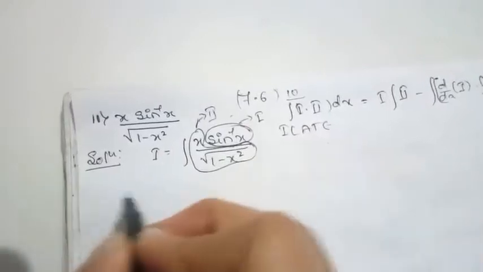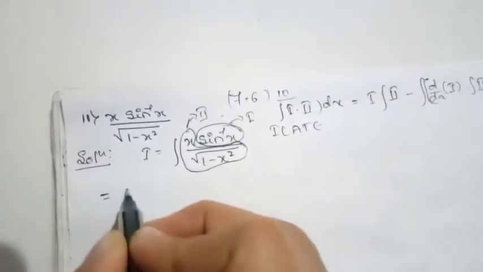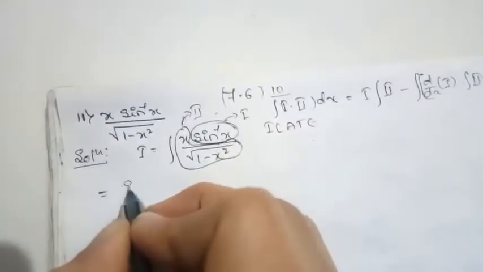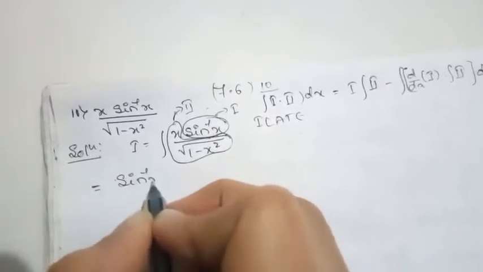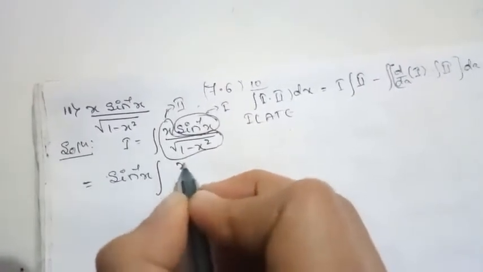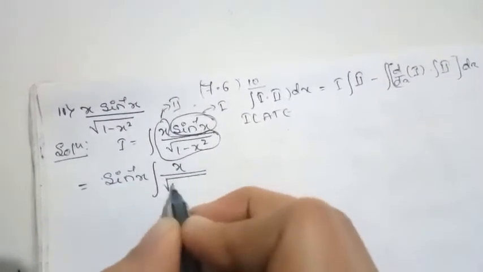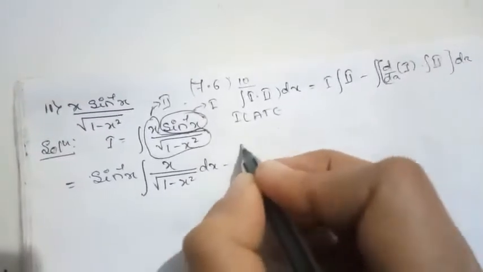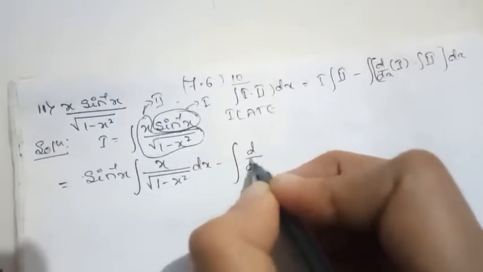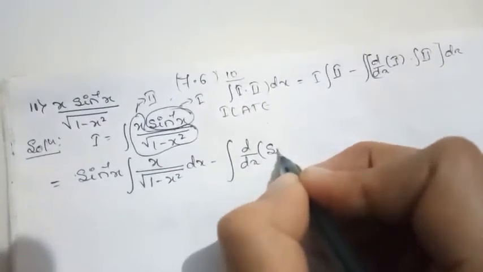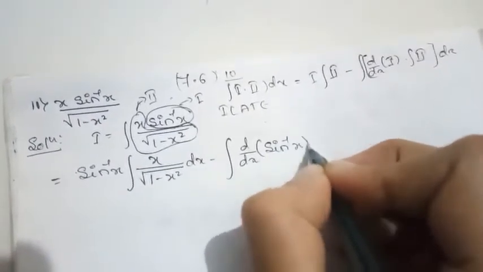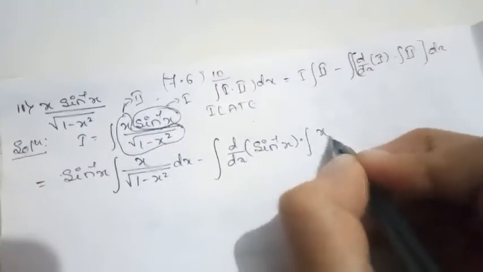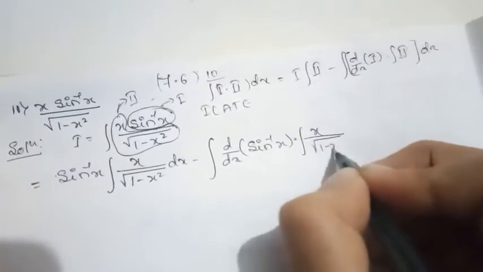So if I apply the formula, it goes: first function, that is sine inverse of x, into integration of the second function, that is x divided by square root of 1 minus x square dx, minus integration of the differentiation of the first function, that is sine inverse of x, into integration of the second function.